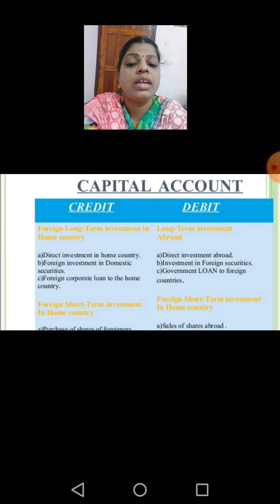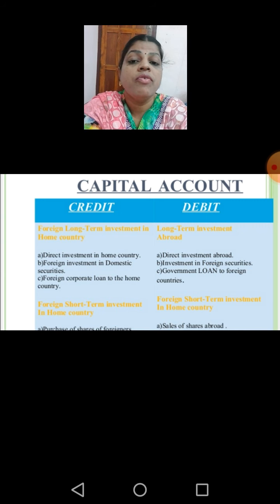And the debit item means direct investment abroad. All the investments that we have made abroad are added to the debit item. Investment in foreign securities: if Indians invest money in foreign securities, that also comes under the debit item. And the last one is government loans to foreign countries.